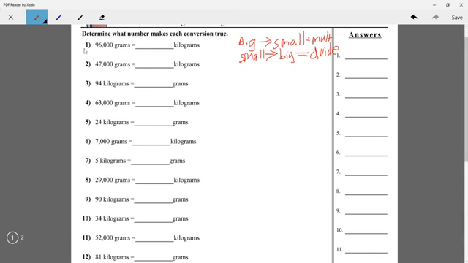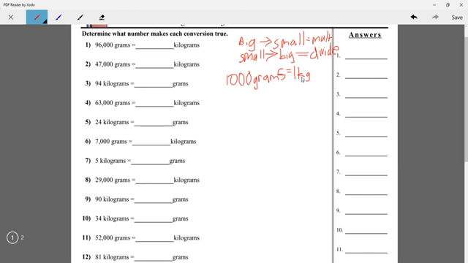So the first thing we have to figure out is, what is the conversion rate of grams to kilograms? We have to know this: 1,000 grams, and kilo just means 1,000. So 1,000 grams equals 1 kilogram.